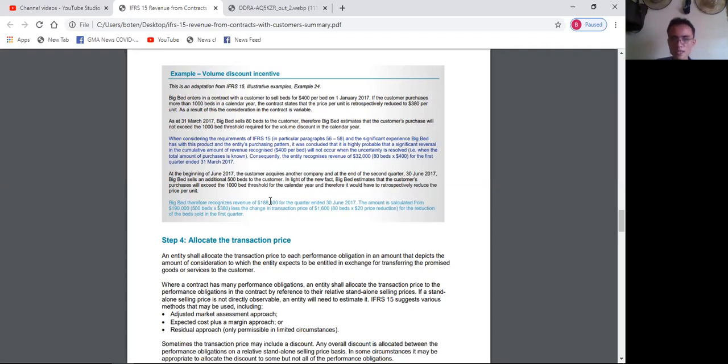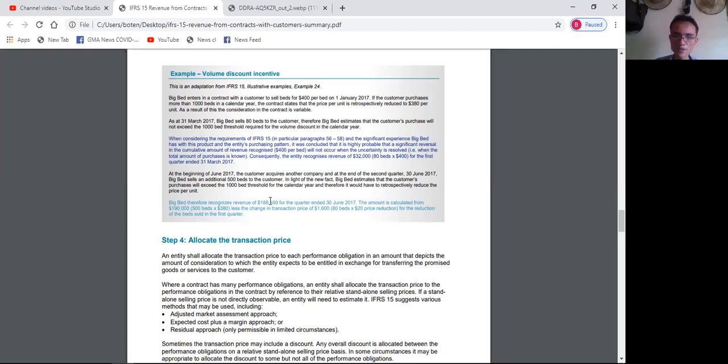So the overall revenue, if you will be asked how much is the total revenue for the first half of the year, 2 quarters, that would be 380 pesos times 580 units, and that is 220,400.